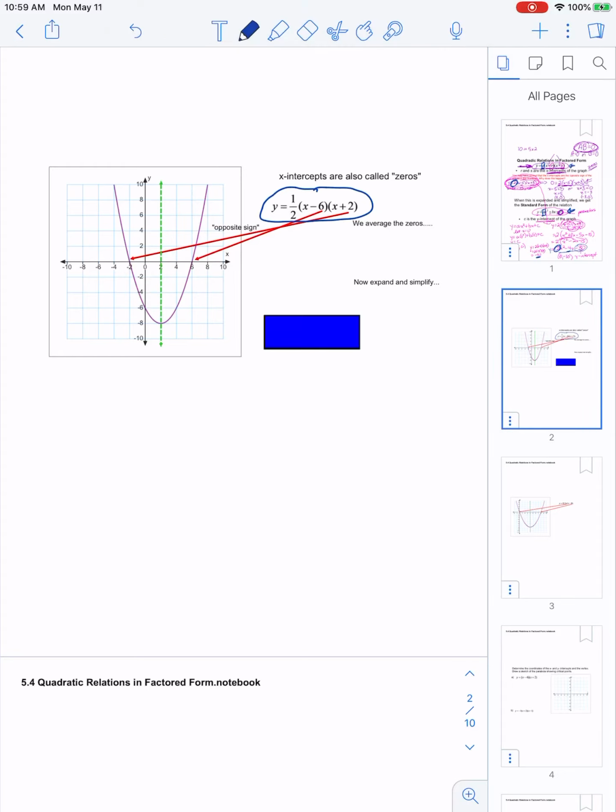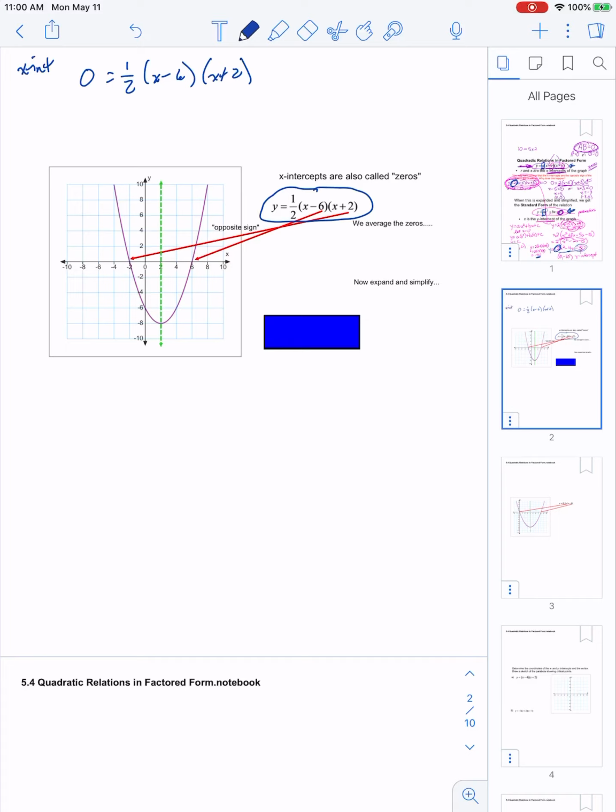We can see that if this says x minus 6, I'm going to do this up here because this is factored. So 1/2 times (x minus 6) times (x plus 2) has to equal 0 to find the x-intercepts.